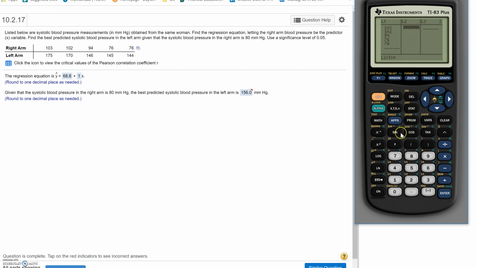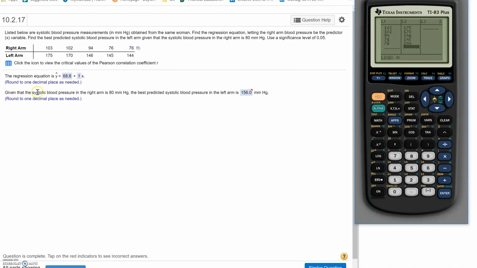Now I enter the left arm values in L2. So 175, 170, 146, 145, and 144. So make sure you have the same amount of L1 values as you have L2.